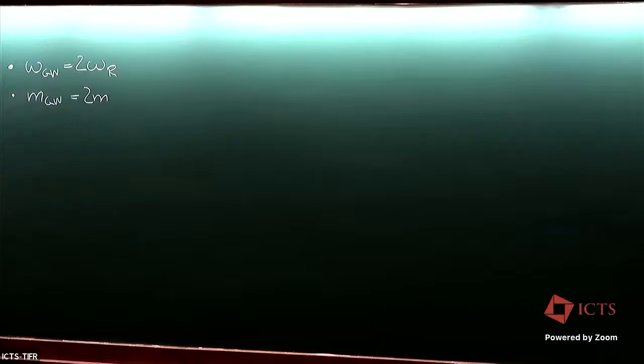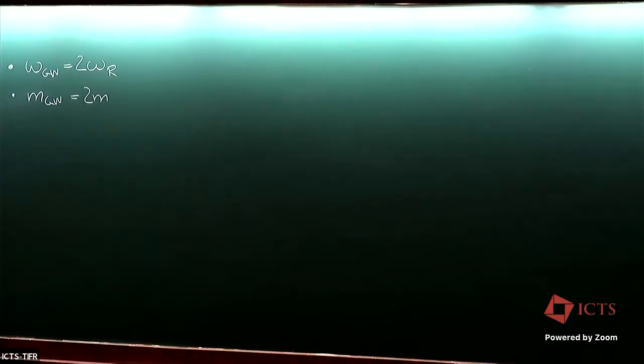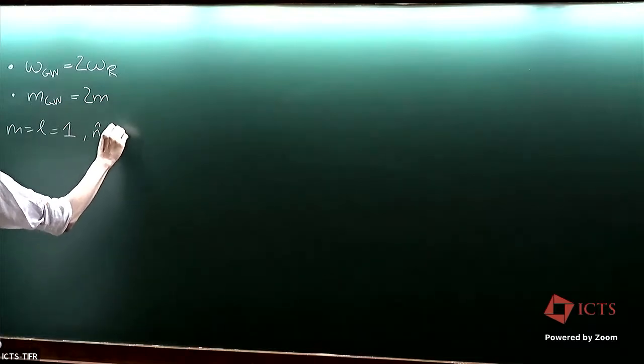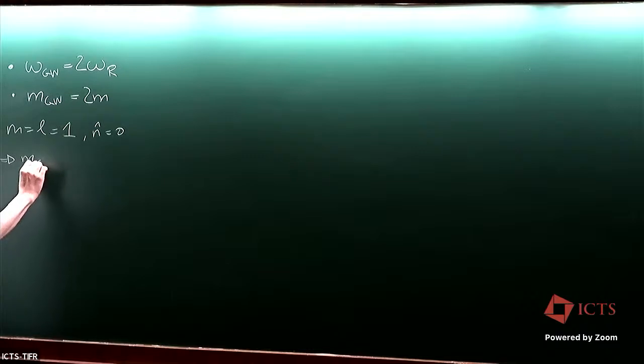Okay, so basically the most unstable state, the state that grows the fastest, we found to be m=L=1 for scalar fields. So this implies that m_GW for this state is exactly 2.